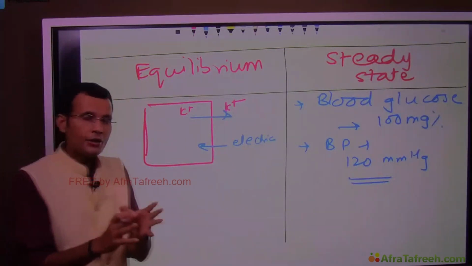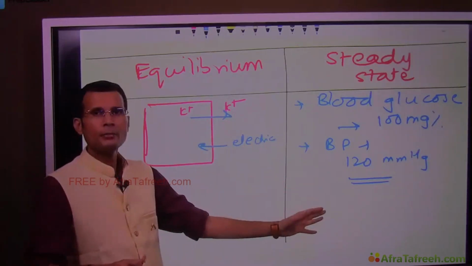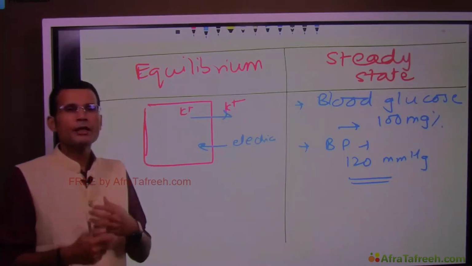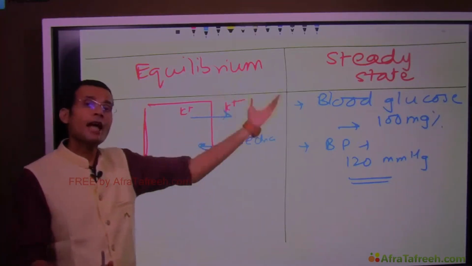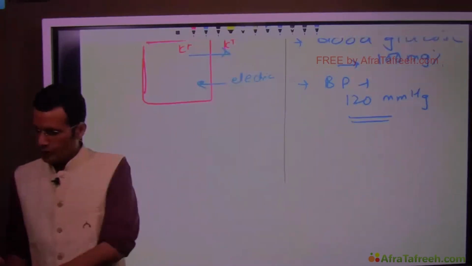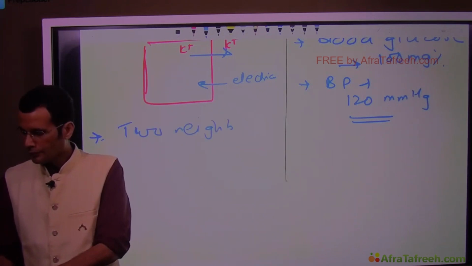So steady state condition is a reality. It does happen in the body. Equilibrium is a relatively hypothetical or theoretical condition. Okay, let's compare the two. Equilibrium means it happens between the two neighboring compartments.